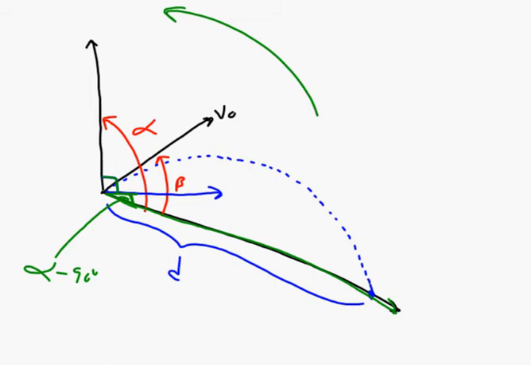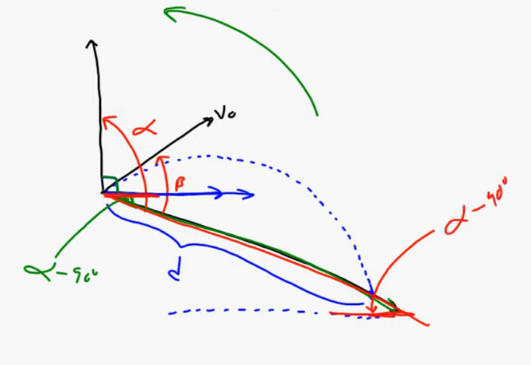Now think about a horizontal line down here parallel to this horizontal line, then you remember alternate interior angles. You have a parallel line here, and this thing here is acting like the transversal. So that angle in there is also alpha minus 90 degrees. And that is how we're going to rotate our picture.